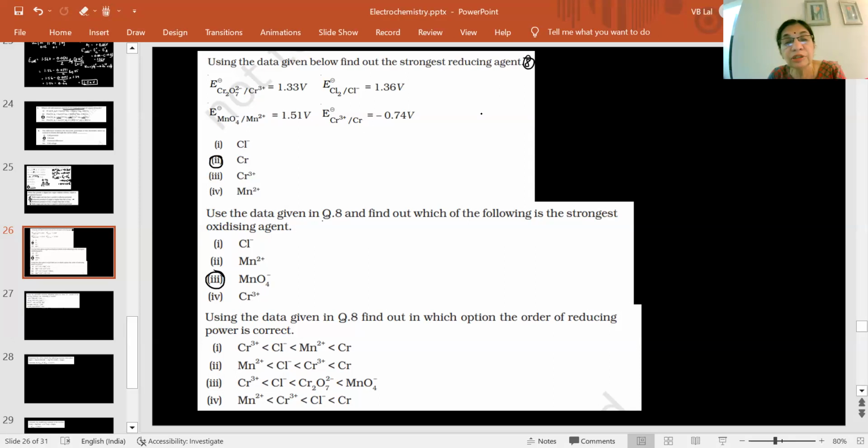Using the data in question 8, find out the option in which the order of reducing power is correct. Reducing power means in the order of increasing power of reduction, or in the order of the best reducing agent to the least reducing agent.